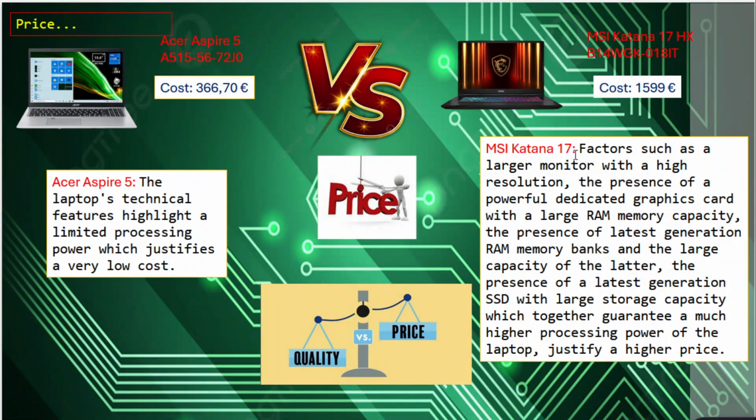For the MSI Katana 70, factors such as a larger monitor with a high resolution, the presence of a powerful dedicated graphic card with a large RAM memory capacity, the presence of a latest generation RAM memory bank and the large capacity of the latter, the presence of a latest generation SSD with a large storage capacity, which together guarantee a much higher processing power of the laptop, justify a higher price.